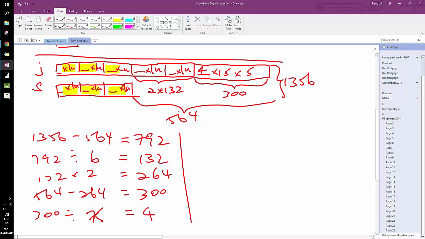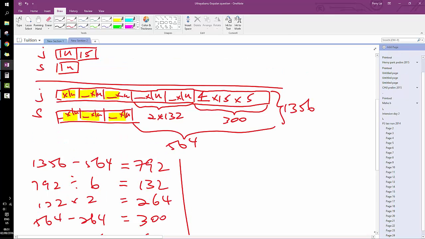So if this is 4, then we know that the jersey costs exactly 15 more than the shorts, and that's 1 unit plus 15, so I have to find the value of 1 unit, right? I've already found that it's going to be 4 groups of units altogether in each of these boxes. It's all 4, and I've also found that this makes this.